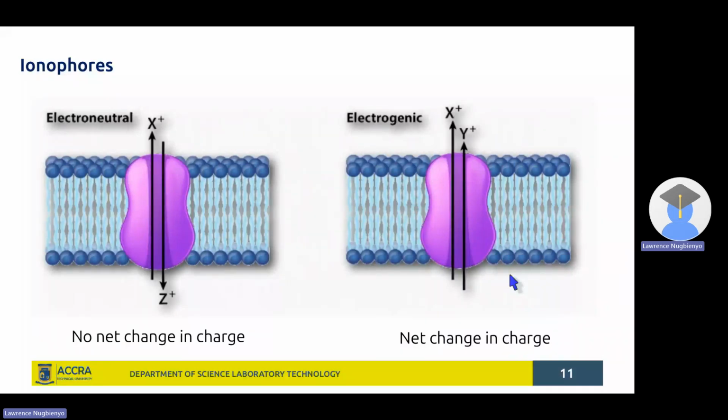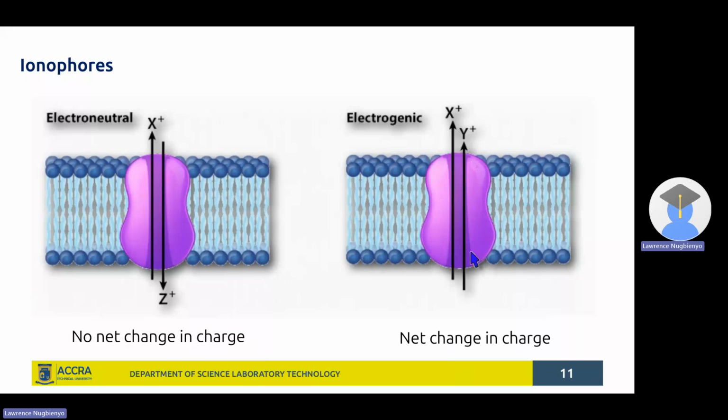It can be compensated for by some other system of transport, but this particular system that is transporting the ions is not compensating for it. So for electroneutral there is no net change in charge, but for electrogenic you have a net change in charge.